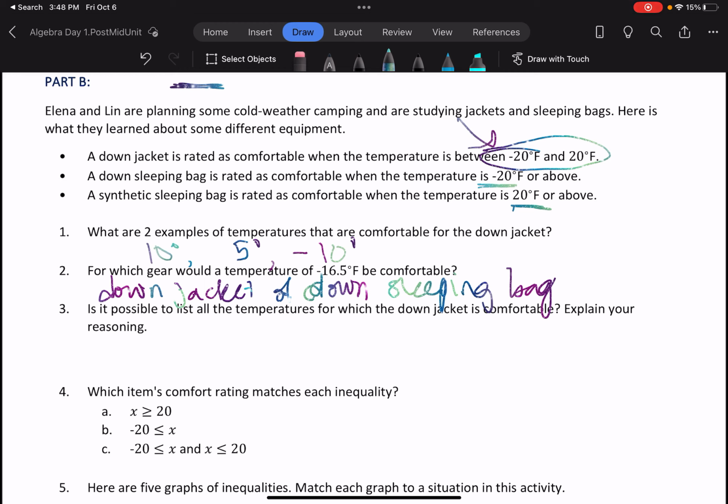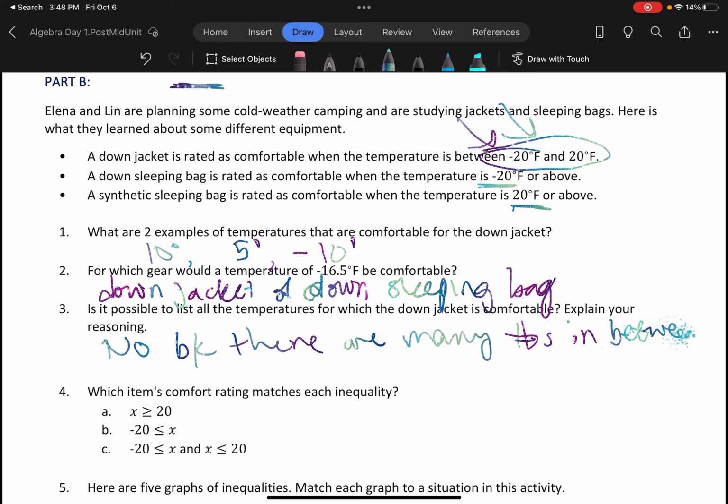Is it possible to list all the temperatures for which the down jacket is comfortable? Explain your reasoning. So we could list lots of numbers between negative 20 and 20, but it's not possible to list all. No, because there are many numbers in between negative 20 and 20.